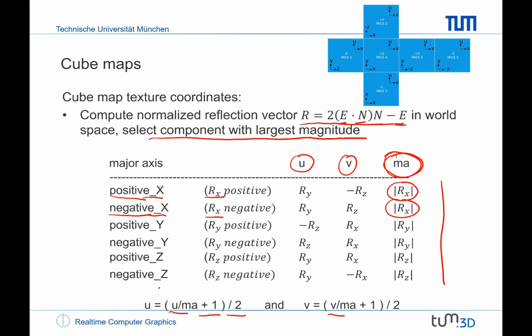And then you just assign the respective other components of the reflection vector to the variables u and v. And then, equipped with u and v and ma being the largest component, you normalize the uv coordinates so that you are within 0 to 1. And then you can use them directly in order to access the cube map values.